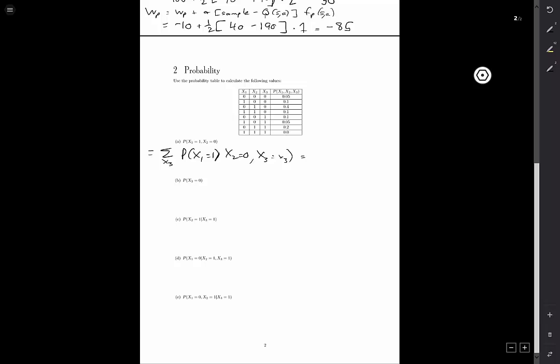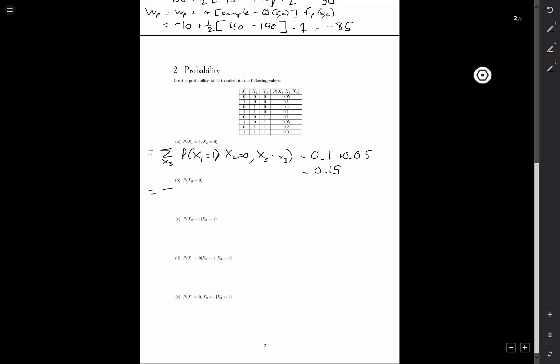So if we look in the table, we have x1 equals 1, x2 equals 0, and there's one instance where x3 is 0, so it's 0.1, plus what happens if we have 1, 0, 1, that's 0.05, so this equals 0.15. Now what's the probability x3 equals 0?